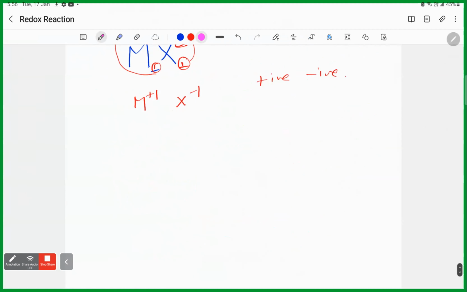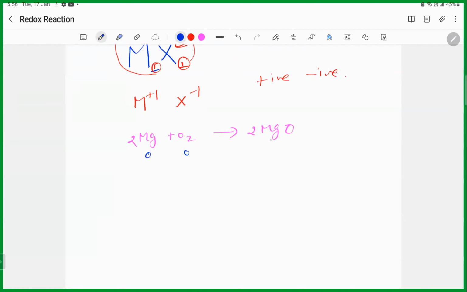So when you come to the concept of oxidation, take the example of magnesium plus oxygen, it becomes MgO. When you take magnesium, it is in the zero oxidation state. The oxygen is bonded with one more oxygen, and there is no difference of electronegativity, so the oxidation state is zero for O2.